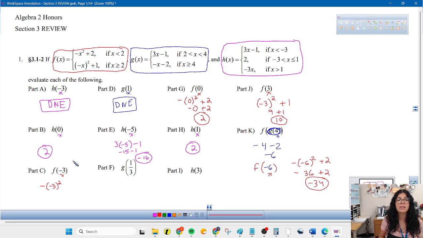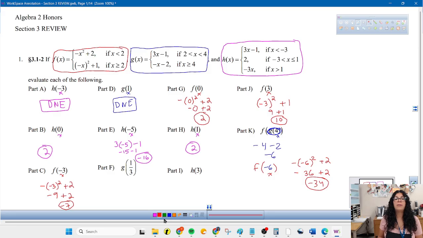If it was in parentheses with the x, then we would be squaring with the negative in it. But it's outside. So we square that negative 3, which is 9, and then the negative is in front, plus 1. It's a mistake here. It's plus 2, not plus 1. Plus 2 is going to give us negative 7.